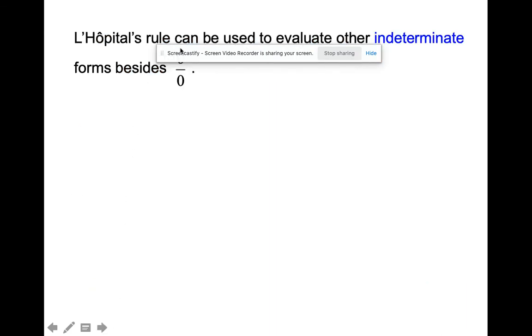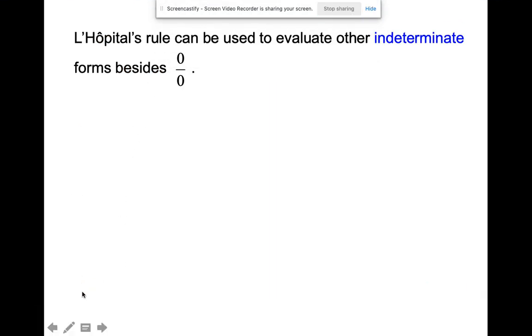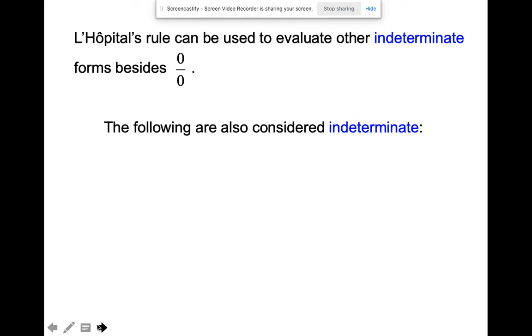Now, L'Hopital's rule was used with the indeterminate form 0 over 0, but was then expanded. There are other indeterminate forms. The second most famous, besides 0 over 0, is infinity over infinity.